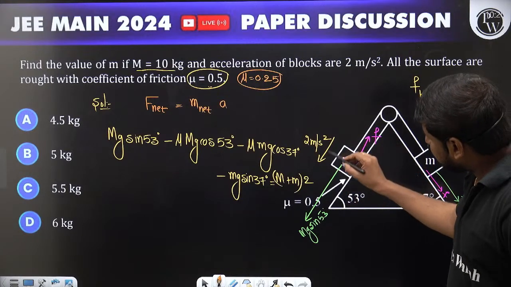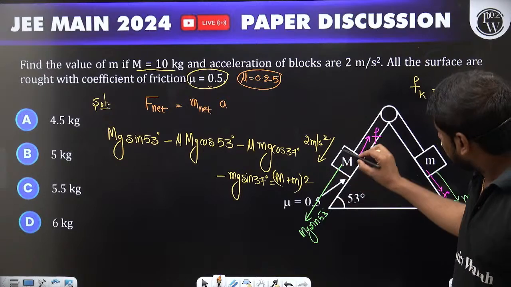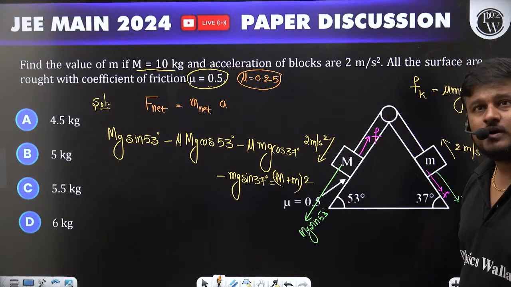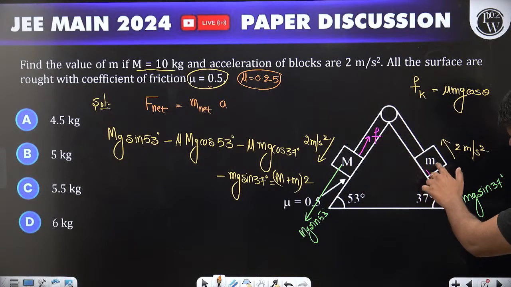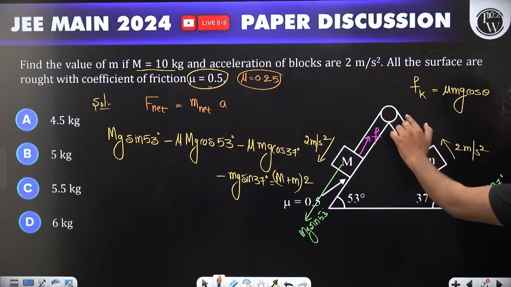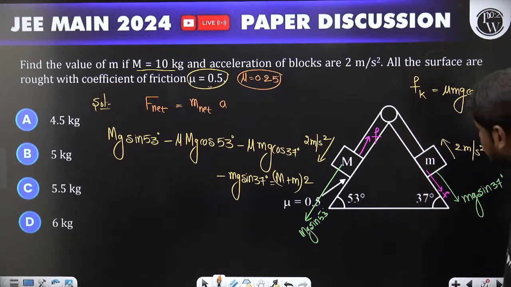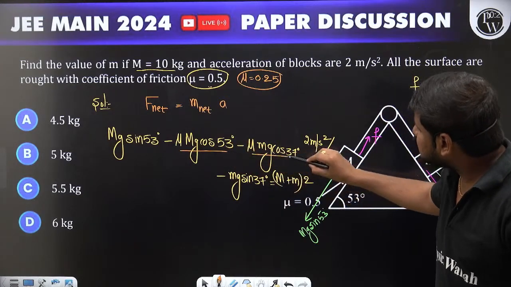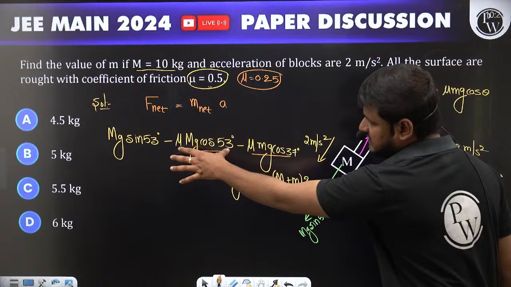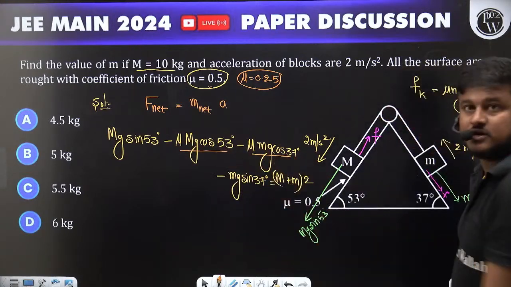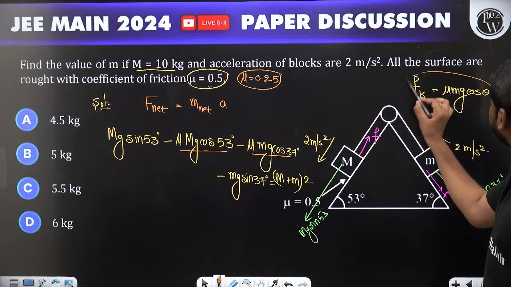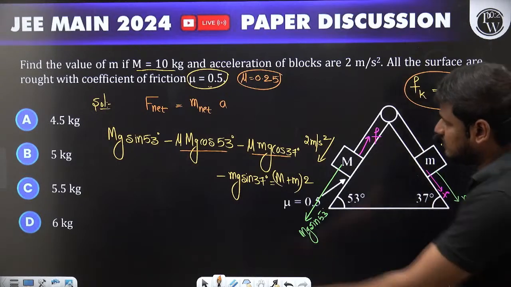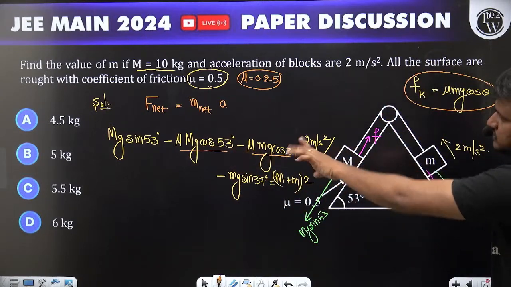Now as capital M is accelerating downward, the frictional force will be upward, and as small m is accelerating upward, the friction will be downside. So that's why minus friction and minus friction. See here, minus friction and minus friction. The friction formula, you know, the kinetic friction mu mg cos theta. So I just substituted those values.